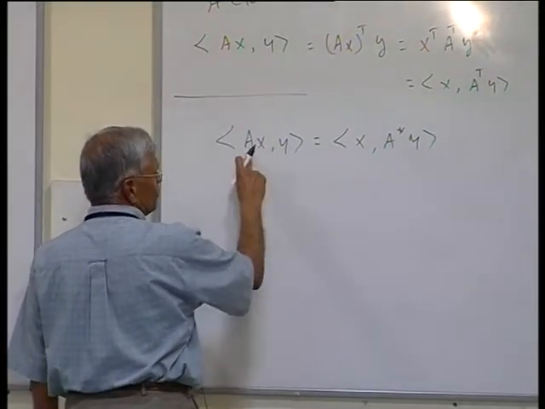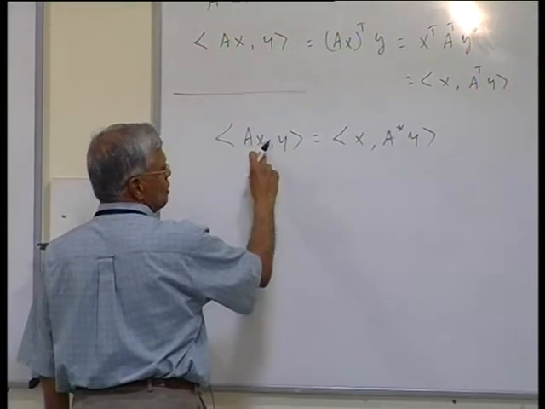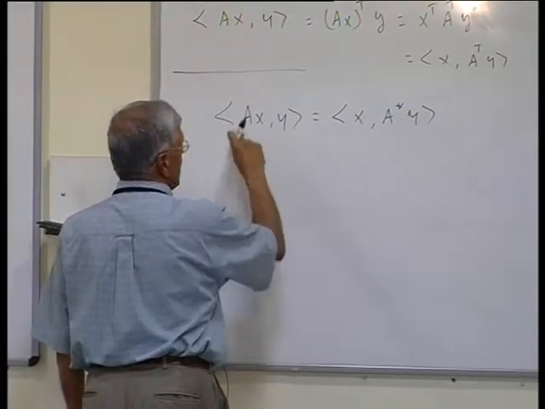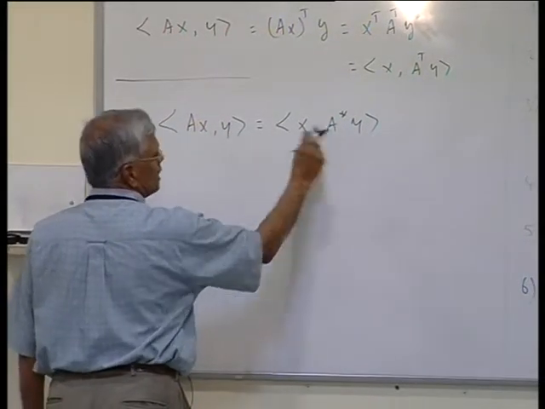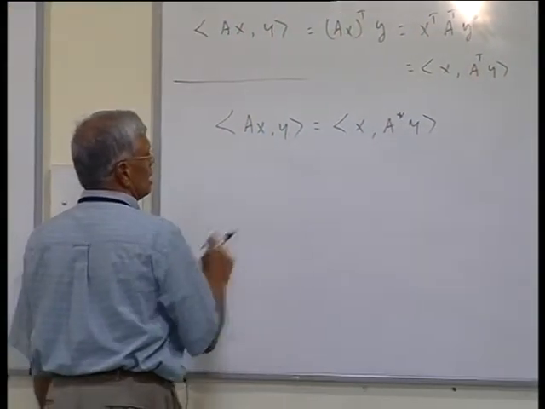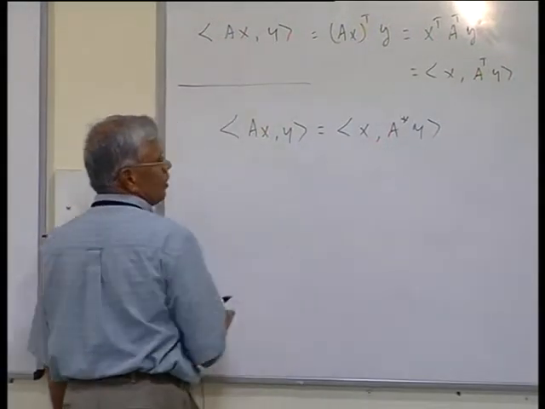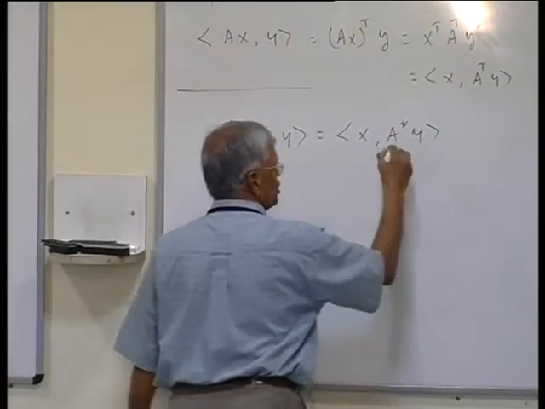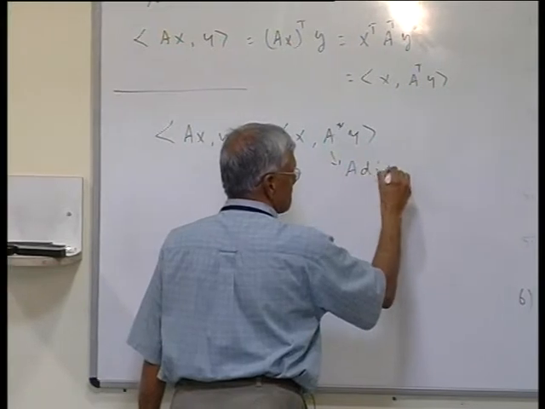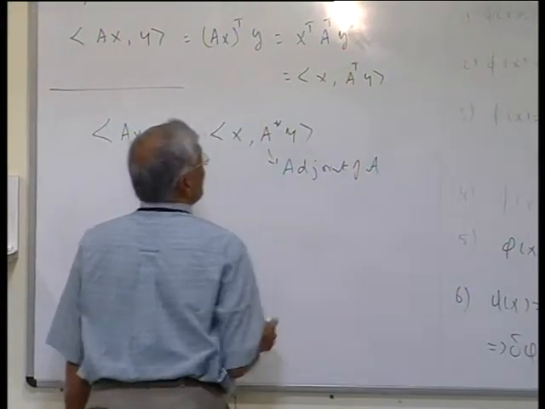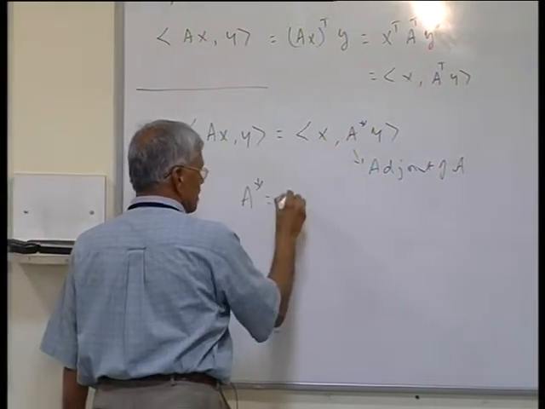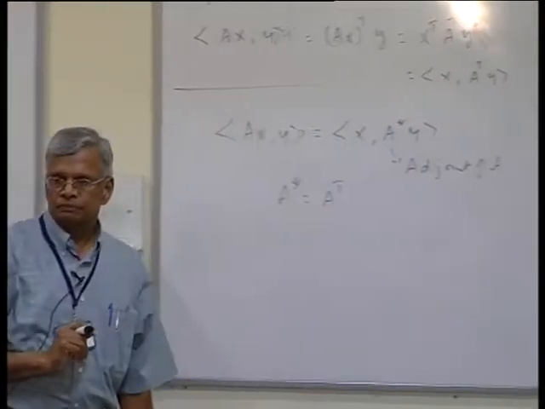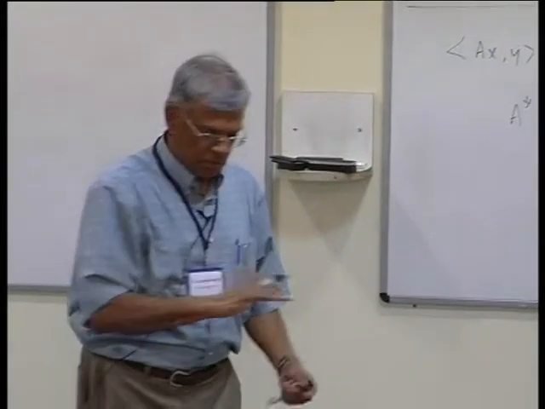Given A, an operator on a vector space, and two vectors in the vector space, there is an associated operator A star that makes this equality hold. Such an operator is called the adjoint of A. In the finite dimensional vector space case, the adjoint is essentially given by the transpose. Transpose is the adjoint.